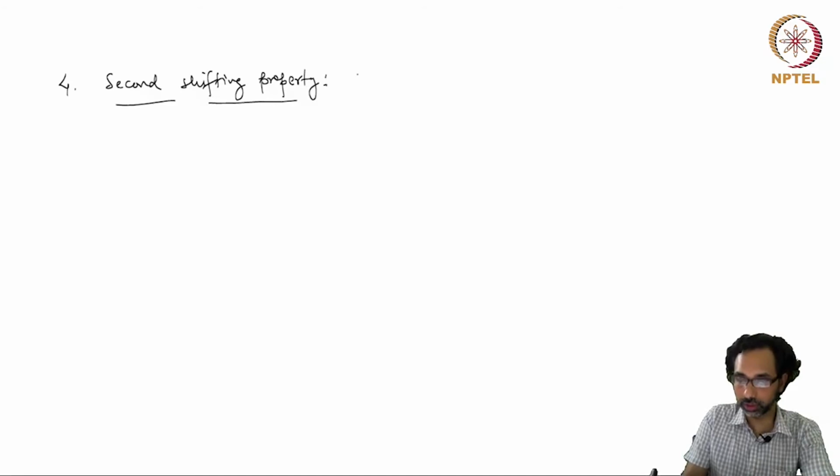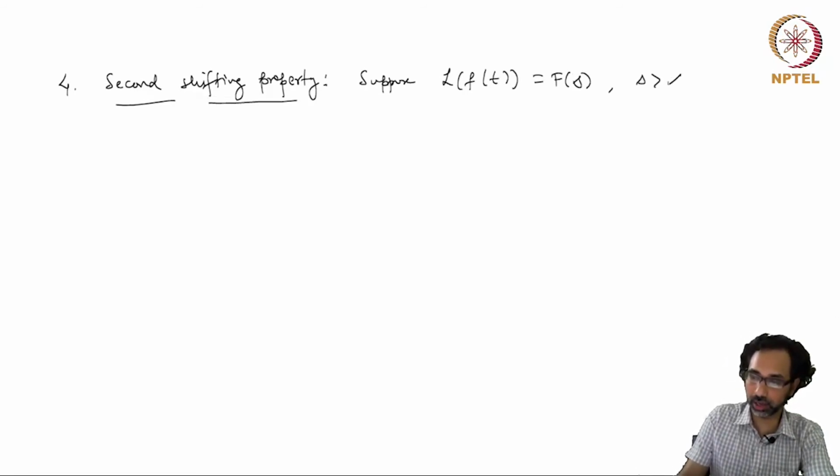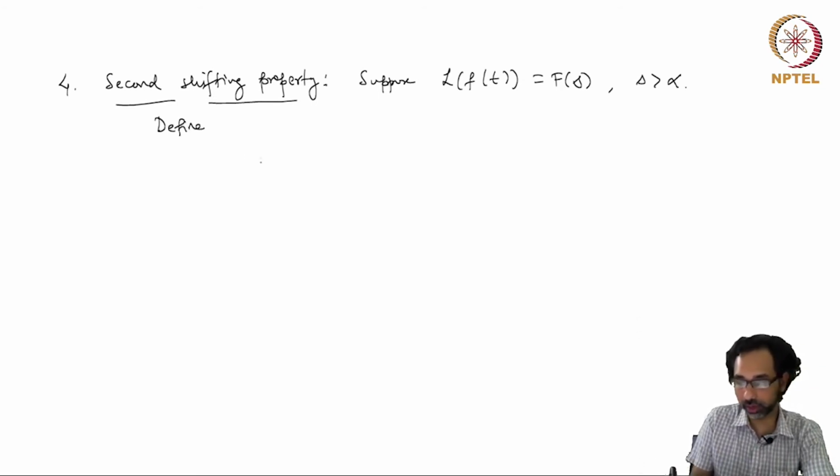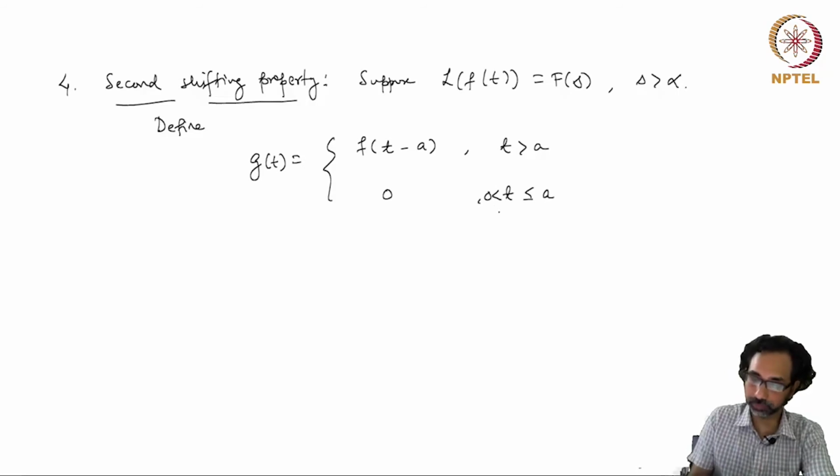So suppose again that the Laplace transform of f(t) is given by F(s) for s greater than alpha. Now define a new function g(t) to be f(t minus a) for t greater than a and 0 for t between 0 and a. So a here is a positive constant.